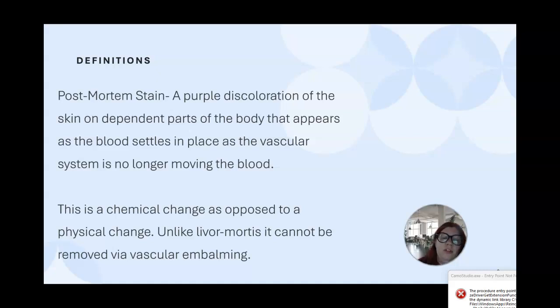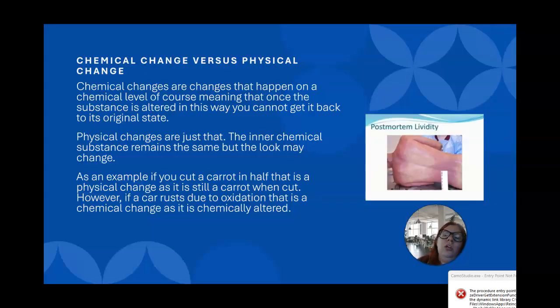This also, as opposed to other changes, is a chemical change. As far as this change is concerned, it is outside the vascular system, so embalming doesn't fix it. We went over this in the first couple weeks of our class, chemical change versus a physical change, but I just wanted to notate it here. Chemical changes change our body's substance, our makeup.